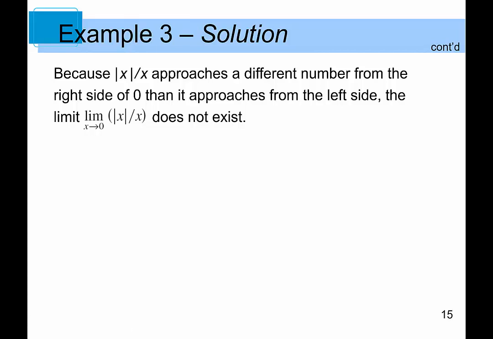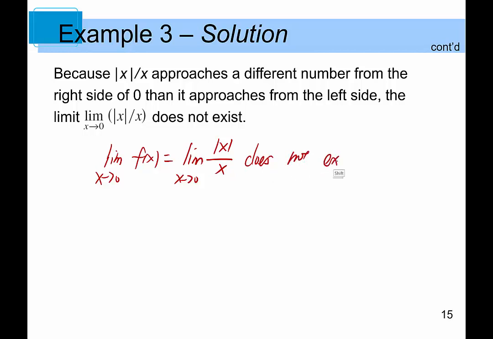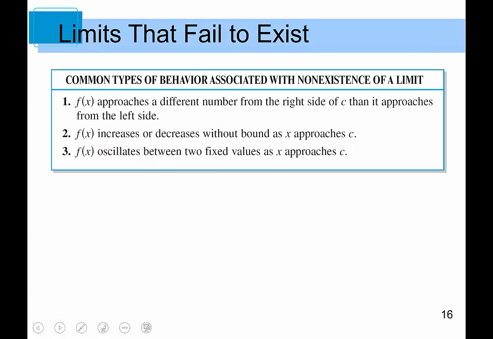Because absolute value of x over x approaches a different number from the right-hand side of 0 than it approaches from the left-hand side, the limit as x approaches 0 of f of x does not exist. So this is one particular case where a limit fails to exist.